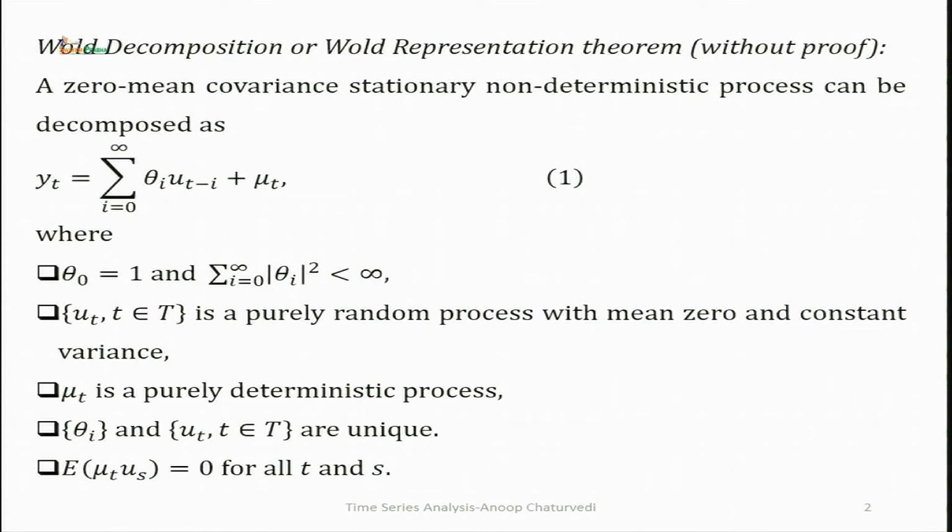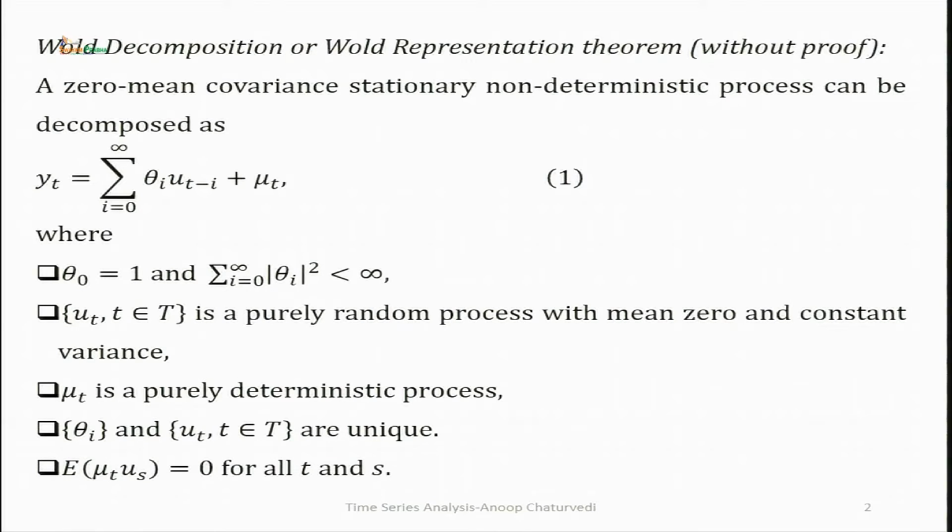We also assume that summation i equal to 0 to infinity |theta_i| square is finite. Then u_t is a purely random process and it has mean 0 and constant variance. Mu_t is a purely deterministic process.